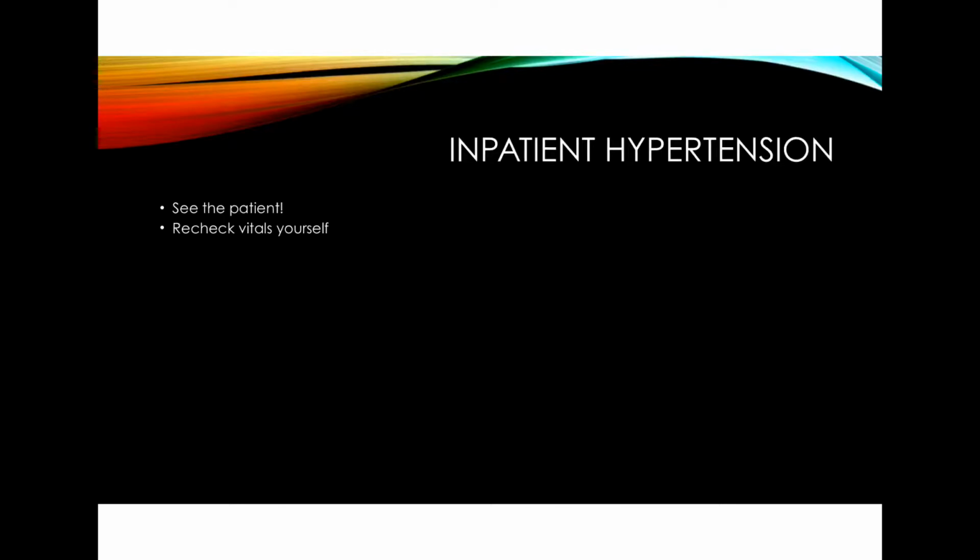Make sure the blood pressure was monitored accurately in an appropriate setting. Then you'll have to ask yourself, does the patient really need emergent treatment of their blood pressure? In other words, are they having a hypertensive emergency, or do they have any other underlying comorbid conditions where blood pressure might be particularly detrimental?